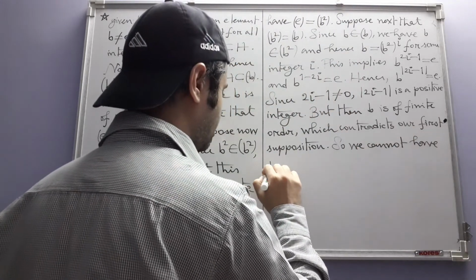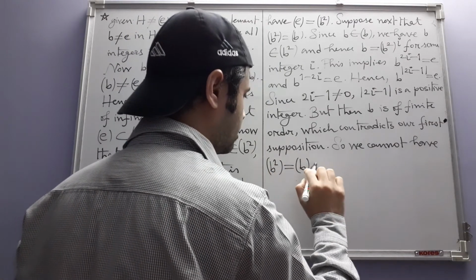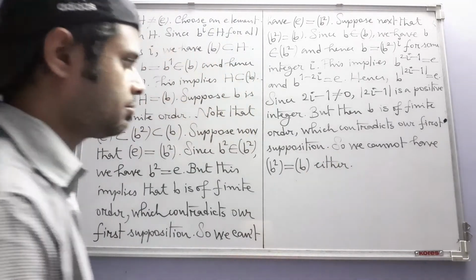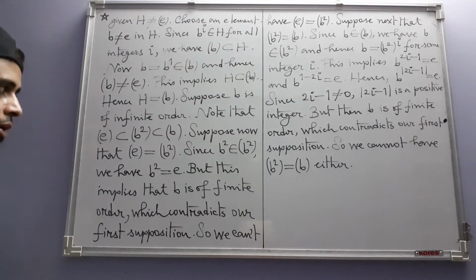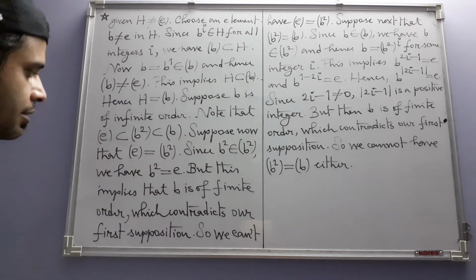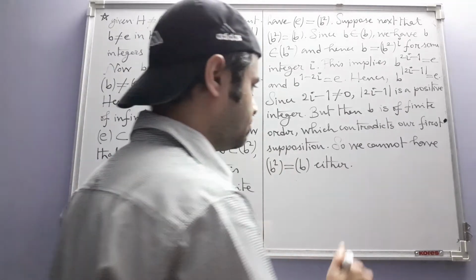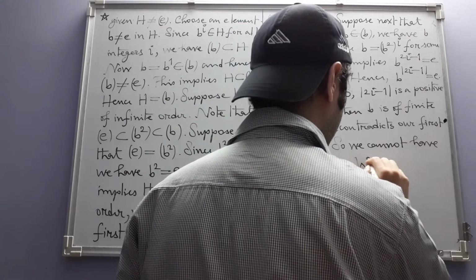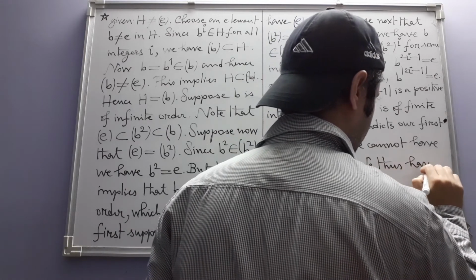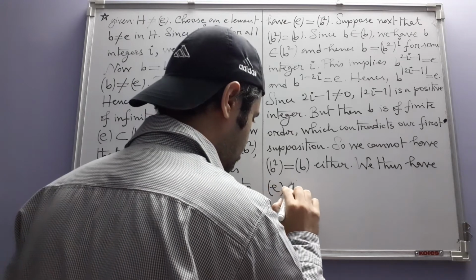So we cannot have this either. So what do we have now? Combining these relations and also the facts that neither this is true nor this is true, we thus have this.